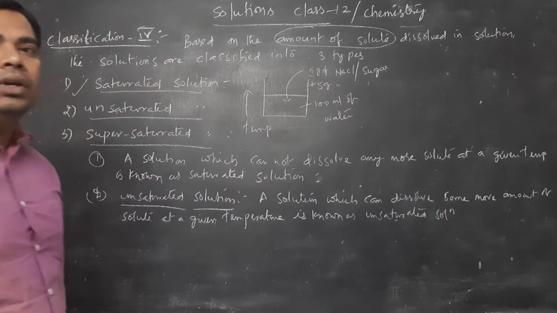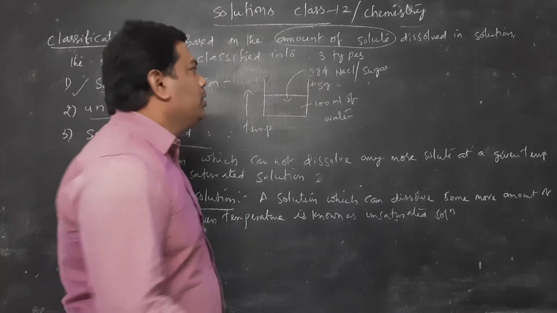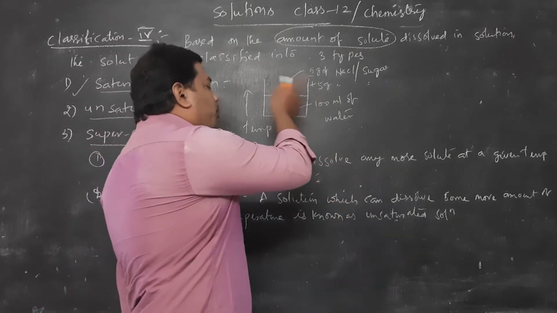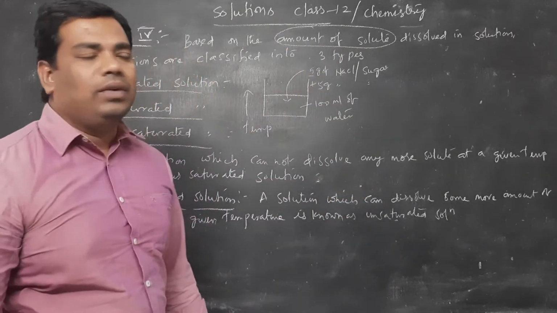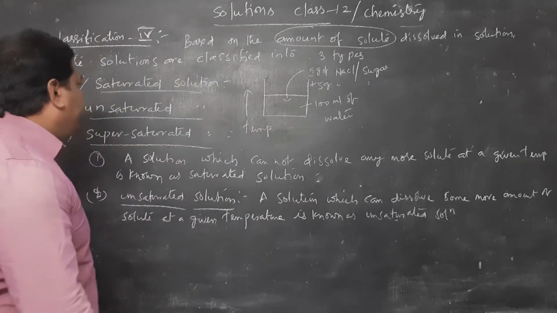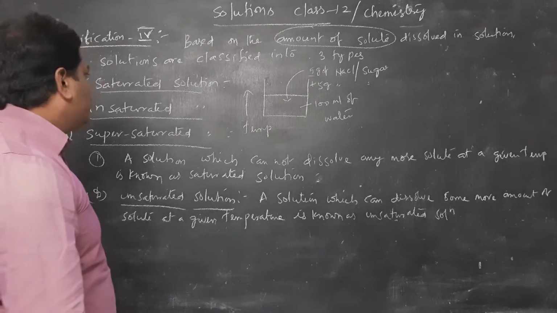Clear? When we increase the temperature of the saturated solution and add some more solute particles, the solute particles are further dissolved. At this temperature we call it an unsaturated solution.